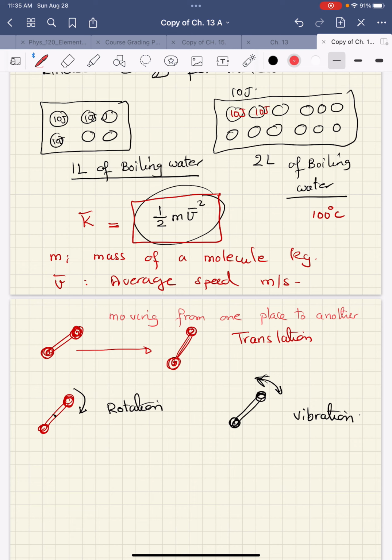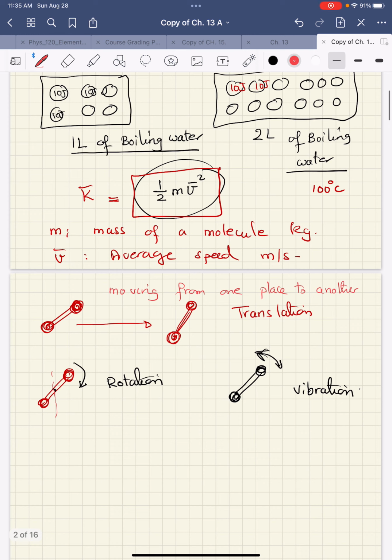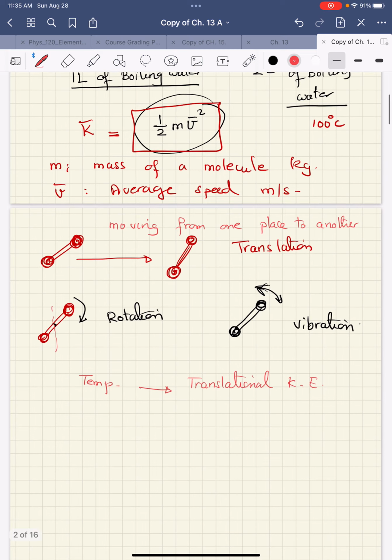And there is rotation, where there is an axis of rotation, and that molecule is going to rotate about this axis. And there is vibration as well. Temperature has to do only with one type, which is the translational kinetic energy. It has nothing to do with rotation and vibration.